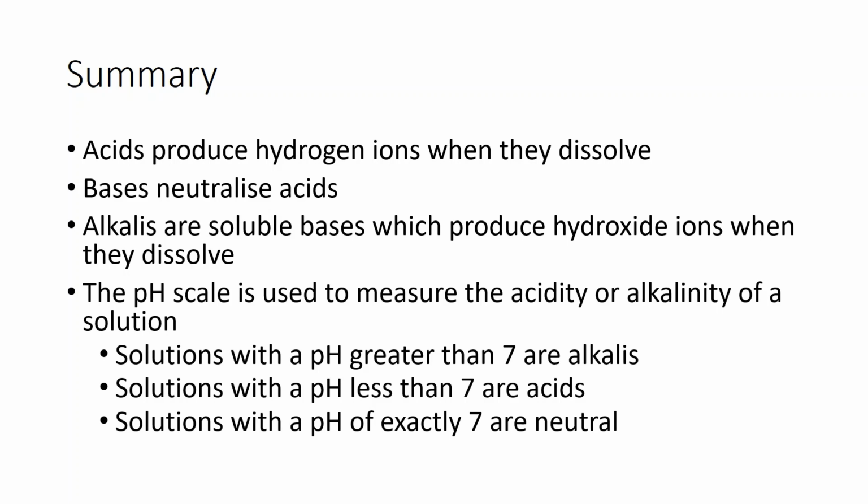You've also seen the pH scale, which is used to measure the acidity or alkalinity of a solution. Solutions with a pH greater than 7 are alkalis, less than 7 are acids, and pHs of exactly 7 are neutral.